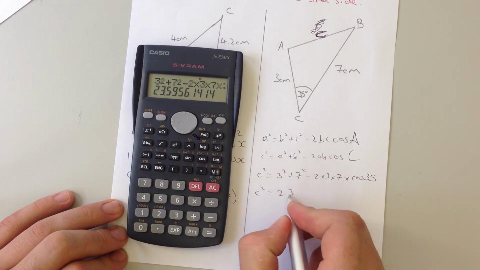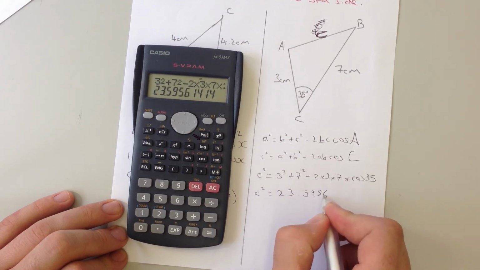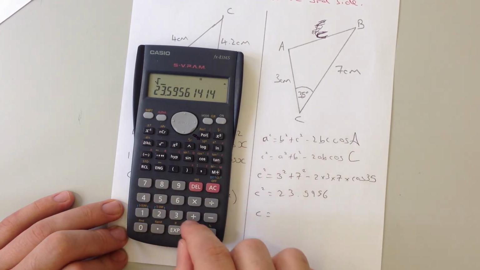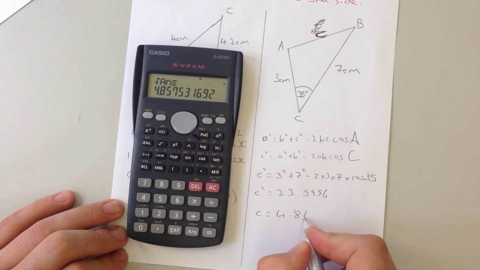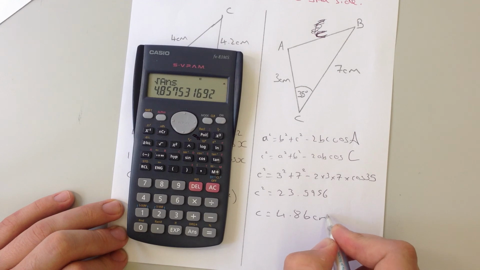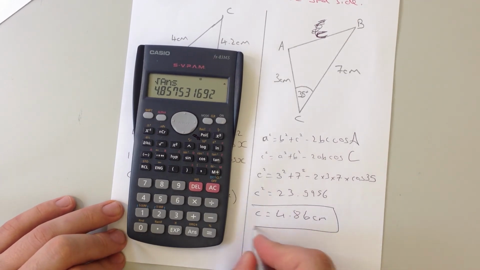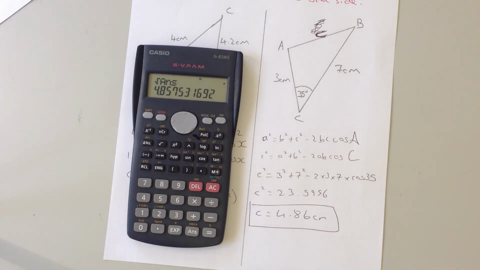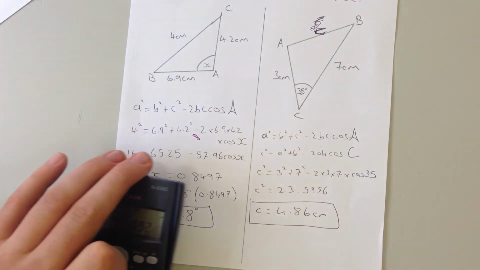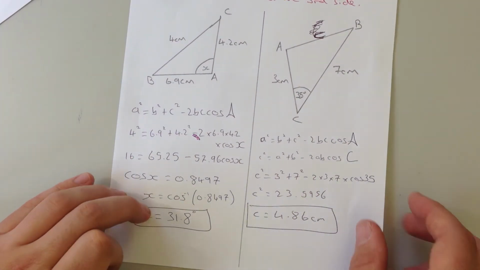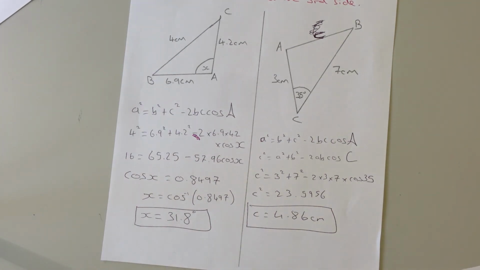Which is 23.5956. So c is the square root of that, which is 4.86 centimeters to 3 significant figures again. And that's how the cosine rule can be used in that circumstance. Okay, so that's pretty much everything. The only trickier thing you might have to do is where you need to find the area of a triangle.